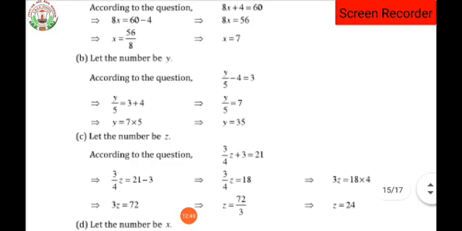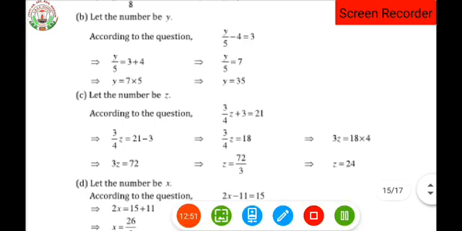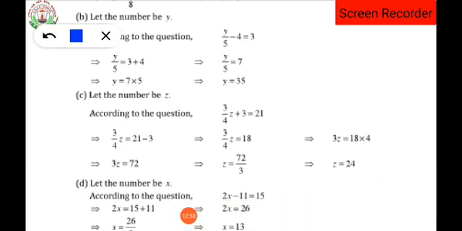Clear everyone? In the same way, the C part of the question, what does the question say? In the C part, it is said that if I take 3/4 of a number, I means myself, not the capital letter I, myself is going to take 3/4 of a number, that means let the number be z.